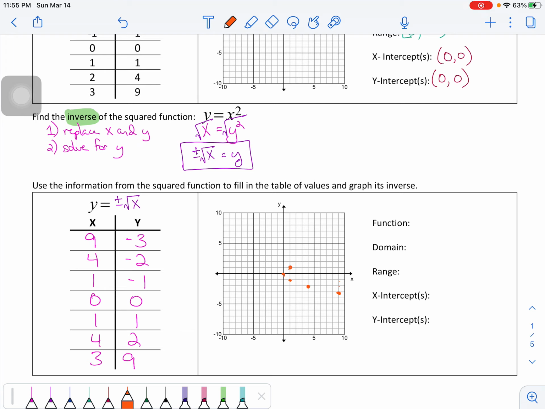So 1, 1, 4, 2, and I realized the last one I wrote is wrong. It should be 9, 3, not 3, 9. I'm looking and going, wait a minute, something's wrong with my curve. All right, so 9 and then 3. Yes, it actually helps to fully replace the x and the y values.